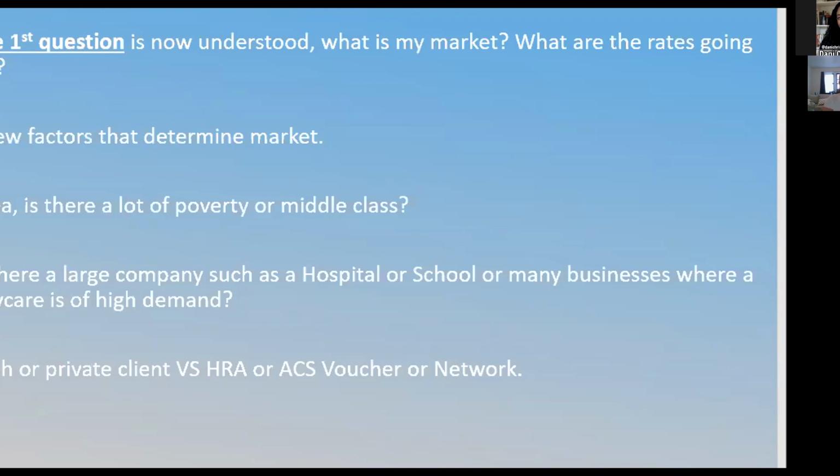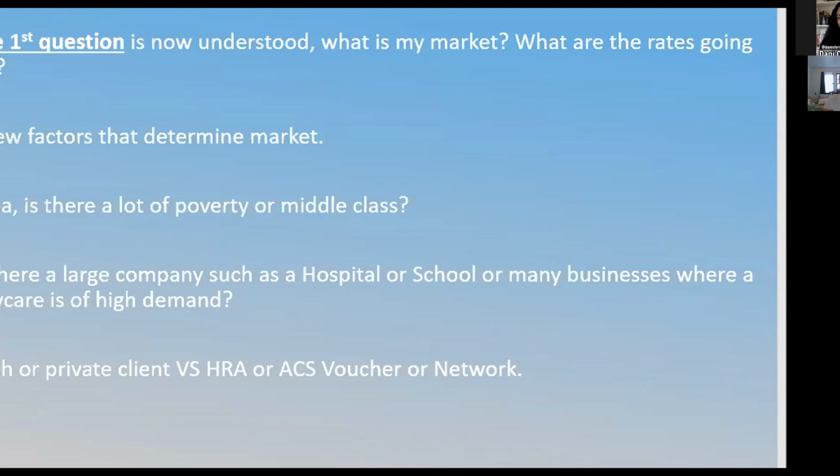So that makes a big difference of where your location is. Another thing is the demand and supply. If you're near, for instance, a hospital or a school or a lot of storefront businesses where daycare is in high demand, a place where you can offer special rates for, let's say, hospital workers or for everyone that works on White Plains Road, that's beneficial.